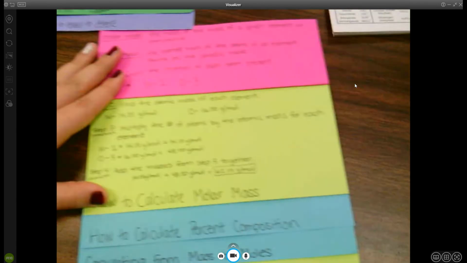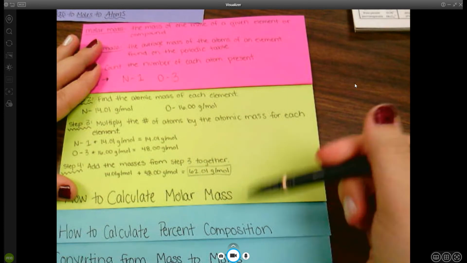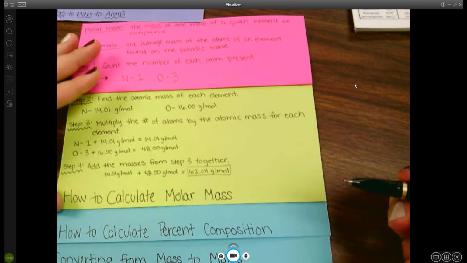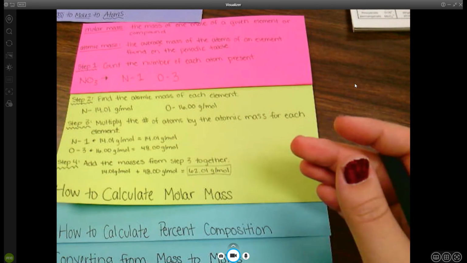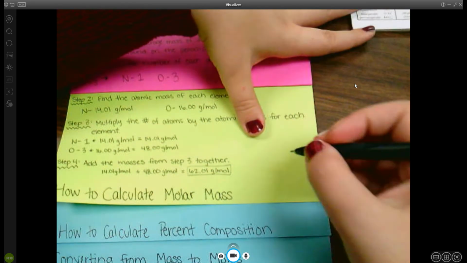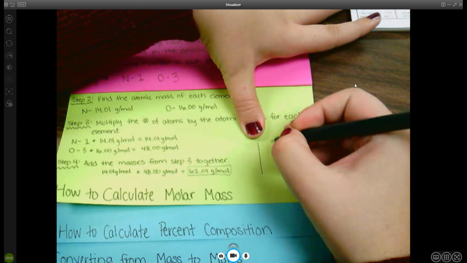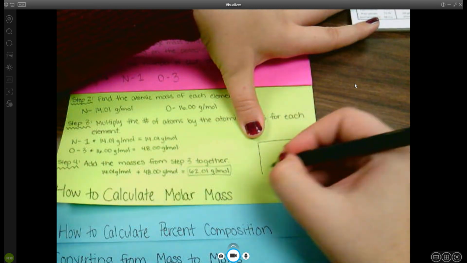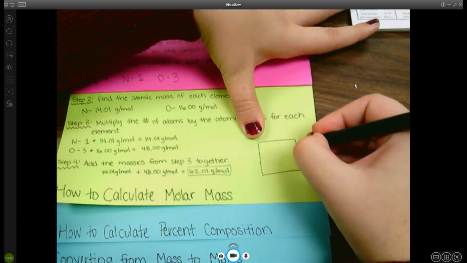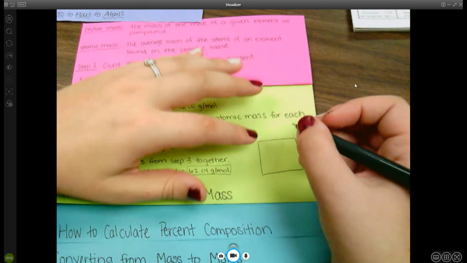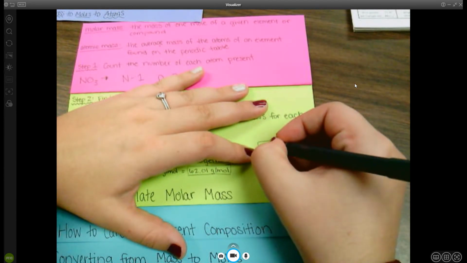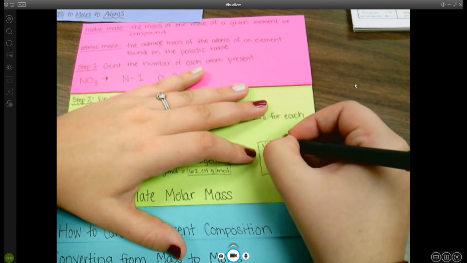And I'm going to add one more thing in this blank area here. Okay, so just so you know, and just so you have it in your notes, we're going to make a little key. Okay, so we're going to make a box. And we're going to pretend this is a box from the periodic table. Okay, so I'm choosing lithium as my example. So lithium, it has its name, lithium.